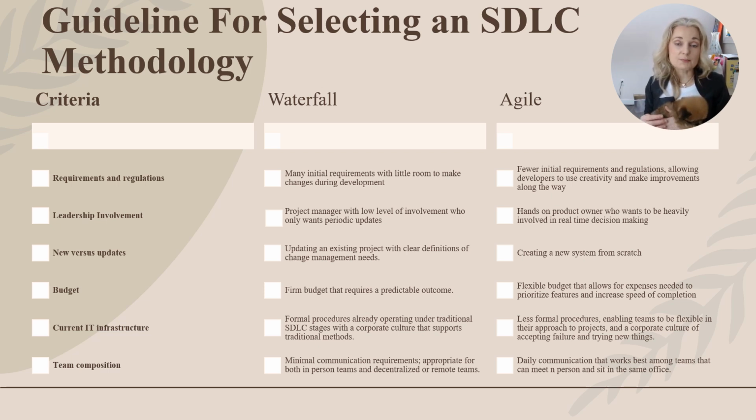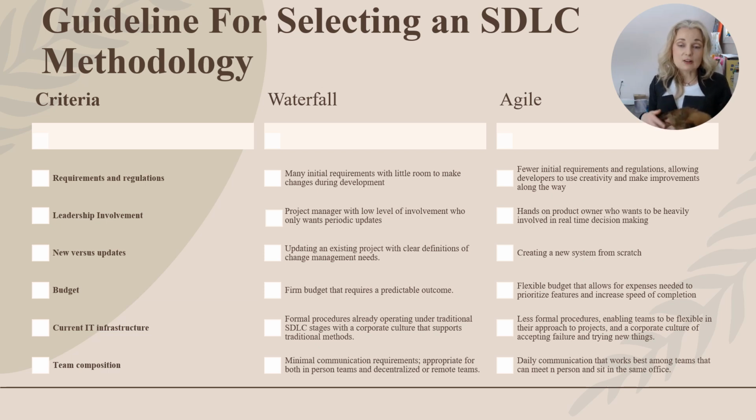From a budget perspective, the waterfall has a firm budget that requires a predictable outcome, hence you're doing this feasibility study. Whereas with the agile system, the budget is flexible and allows expenses needed to prioritize features and increase the speed of completion. When it comes to IT infrastructure, with the waterfall, you have formal procedures already operating under traditional SDLC stages with a corporate culture that supports these traditional methodologies.